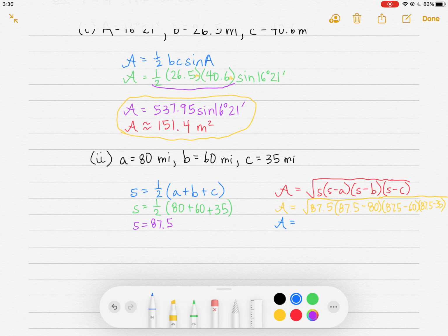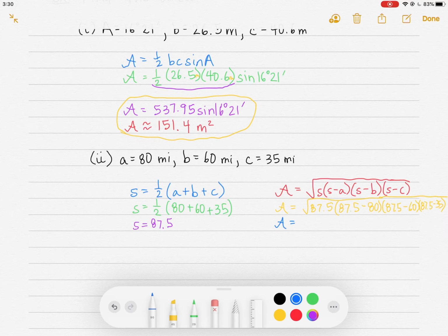So it's 87.5 times 87.5 minus 80, I know, is 7.5 times. Otherwise, you do need to put your 87.5 minus the 60 in a parenthesis times parenthesis 87.5 minus 35.